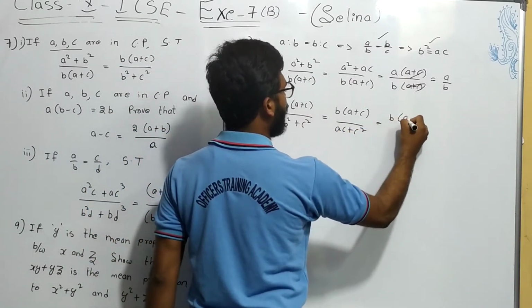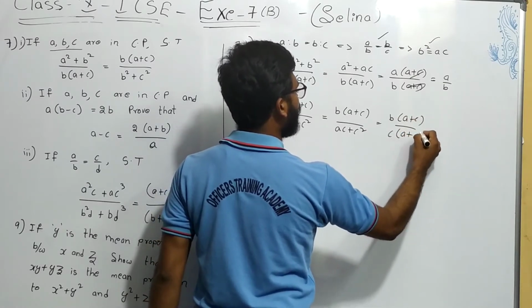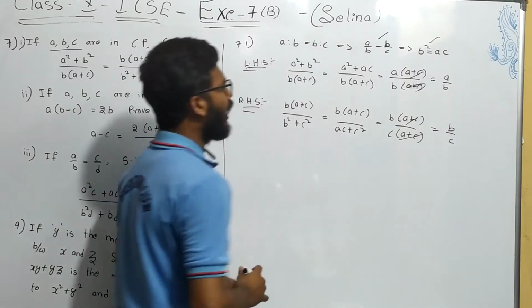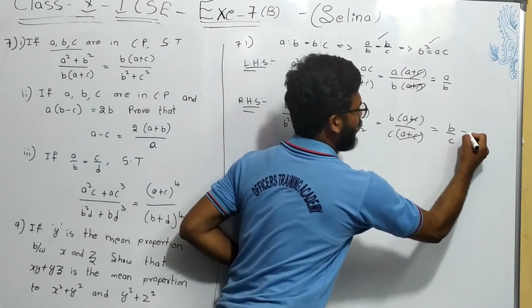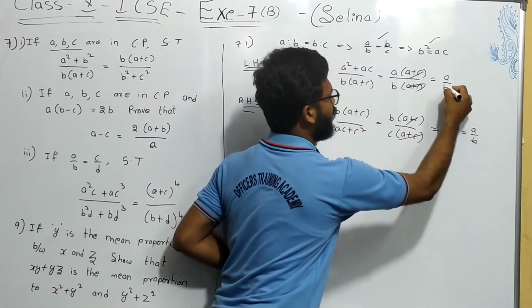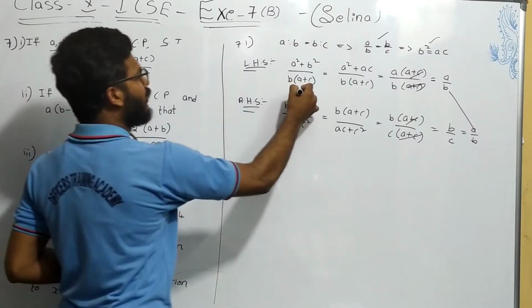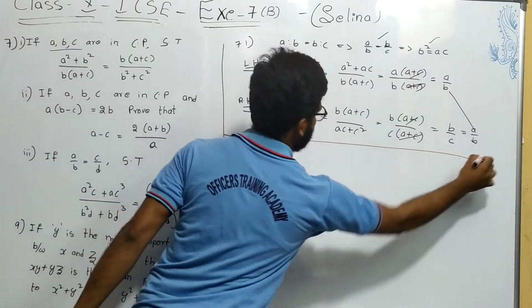So B into A plus C by C into A plus C. So that is equal to B by C. And we know B by C is also equal to A by C, right? So that is equal to A by C. So both LHS equal to RHS. Therefore, these two are equal. Next.